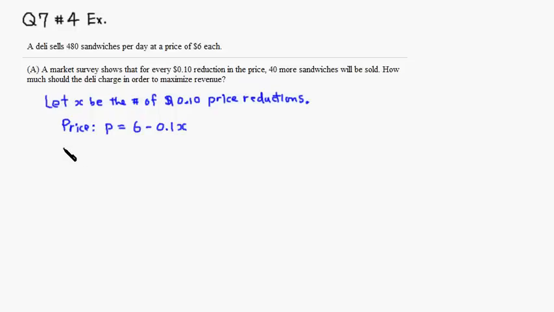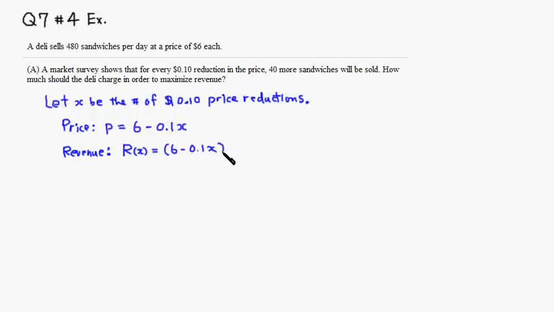Then if you want the revenue, we just have to multiply price by the number of sandwiches they would sell. So revenue, I'm going to call it R of x, is going to be price, which is $6 minus 0.1x.